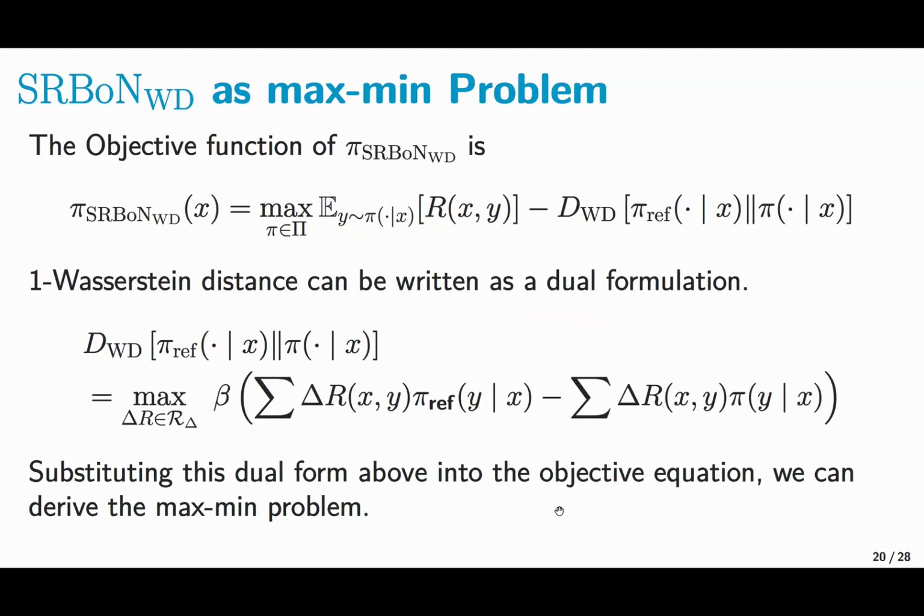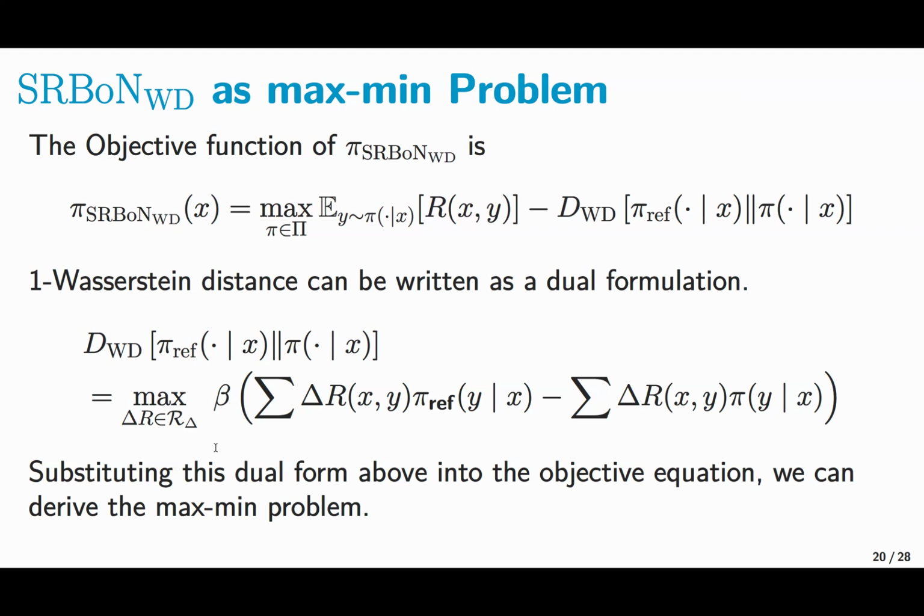Next, we discuss SRBoN with Wasserstein distance. The same as SRBoN-KL, SRBoN with Wasserstein distance can be reformulated as a max-min problem. The objective function of SRBoN with Wasserstein distance is this formulation. We use the Wasserstein distance, which can be written in a dual formulation as a maximization problem with reward perturbation.